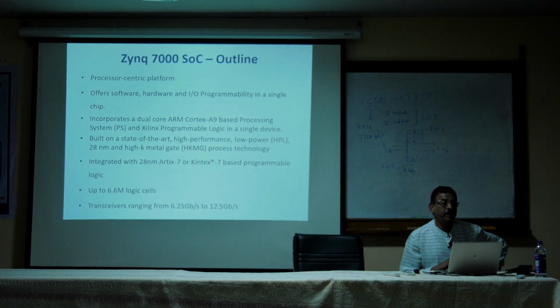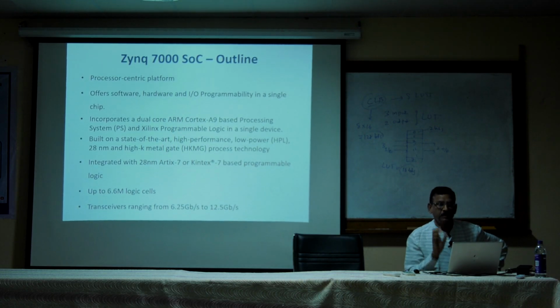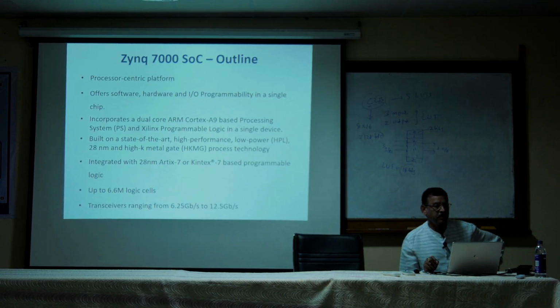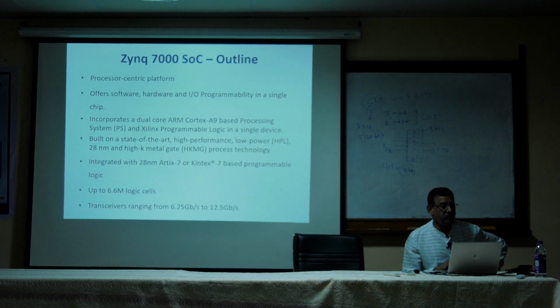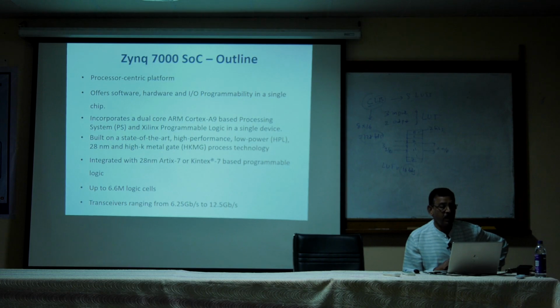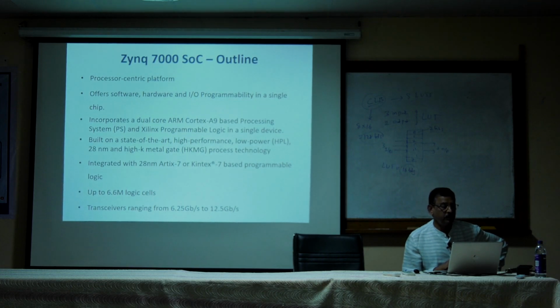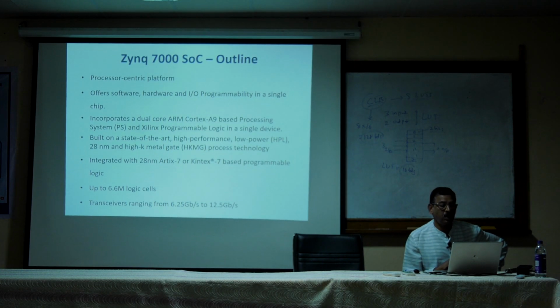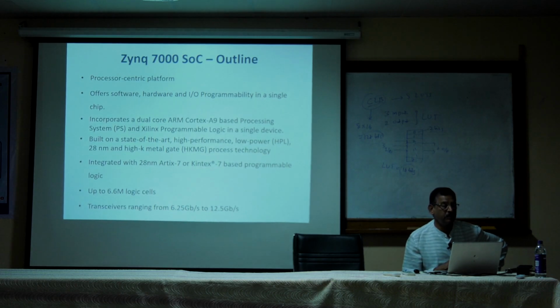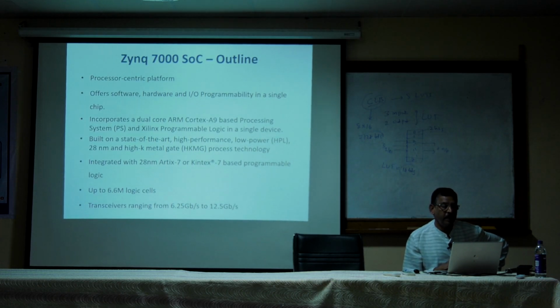This is a processor-centric platform, that is dual core ARM processor plus FPGA fabric in the Zynq SoC. SoC is system on chip. So, it offers software, hardware and IO programmability in a single chip. It incorporates a dual core ARM Cortex A9 based processing system, that is the PS, and Xilinx programmable logic in a single device.